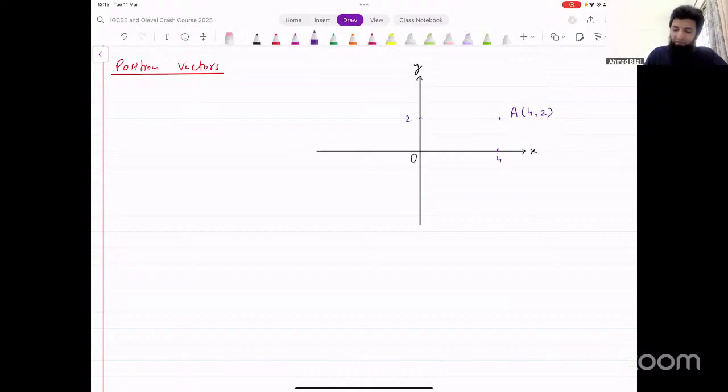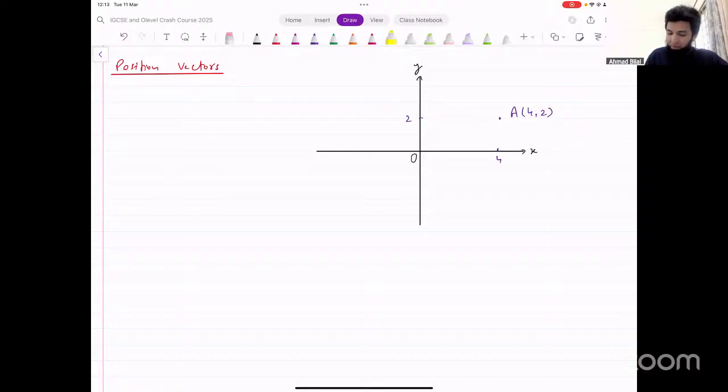We can think of this point in the form of a vector as well. Basically, we say, how can we start from the origin and reach that point A on this diagram by moving some units horizontally and some units vertically? So how do I go from origin to that point A?